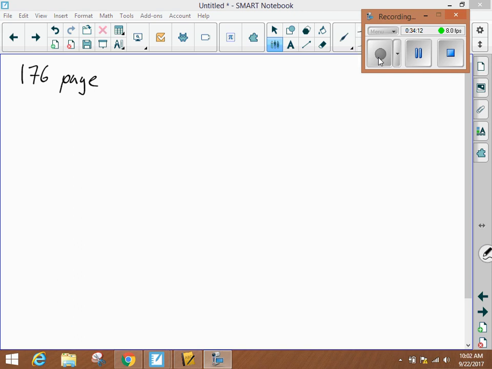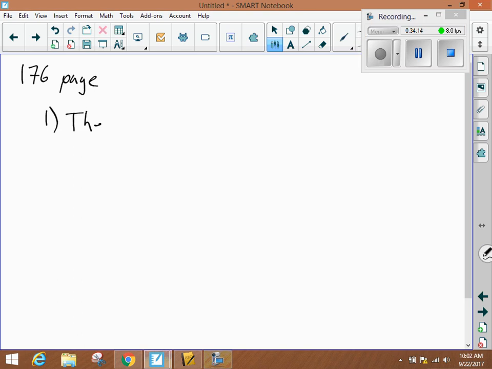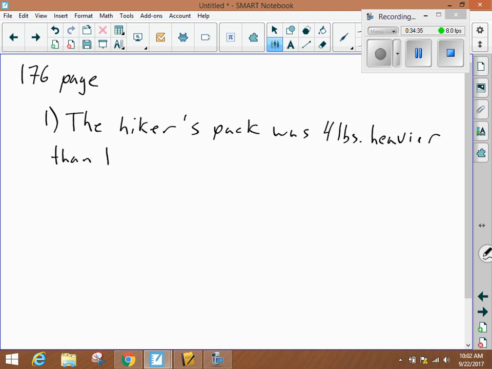What does that mean? Easy, it meant that the hiker's pack was 4 pounds heavier than the predicted value.